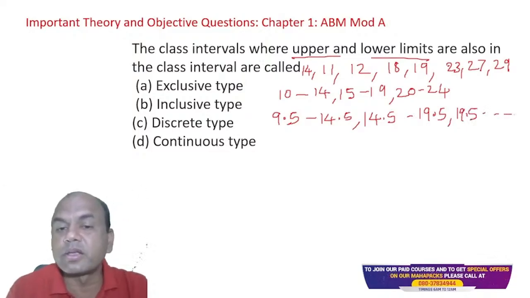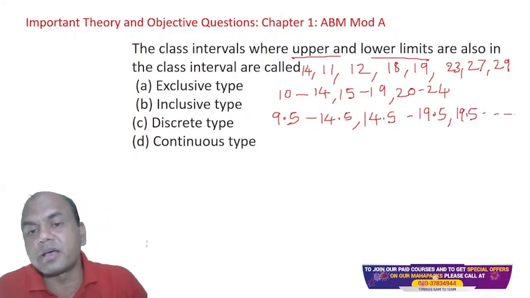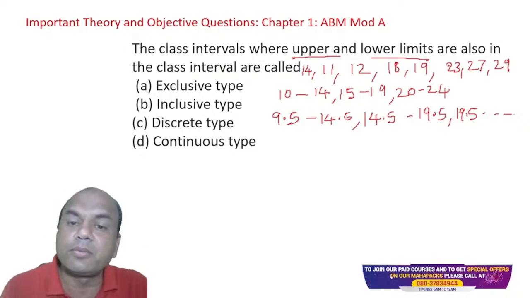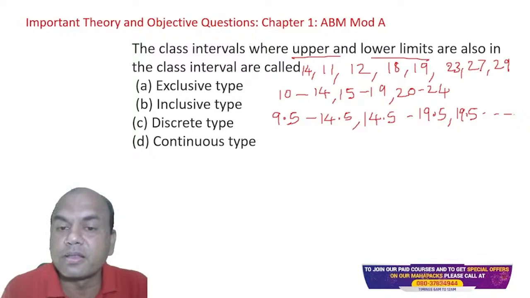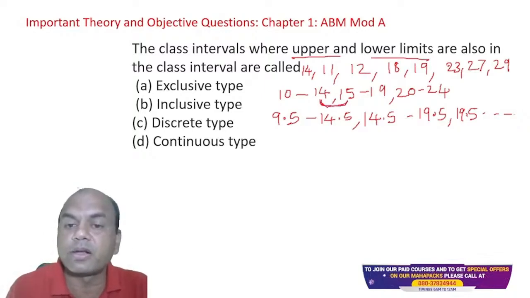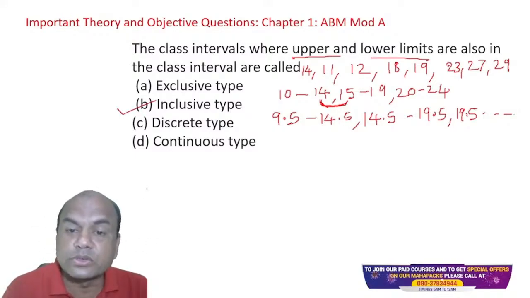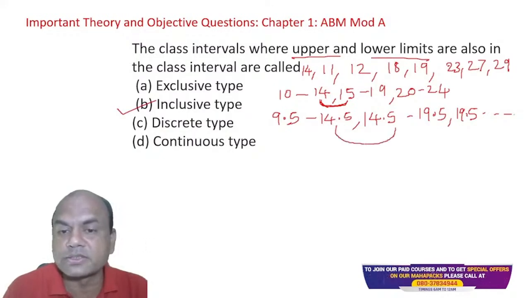So what are you seeing over here? In inclusive type, the lower limit of the next class and the upper limit of the first class are different. 14 and 15, they are different. So this is known as inclusive type. And in exclusive type, both are same. Look at this.